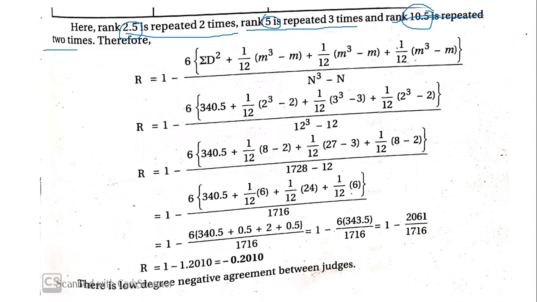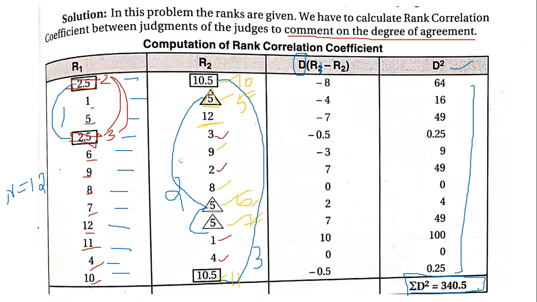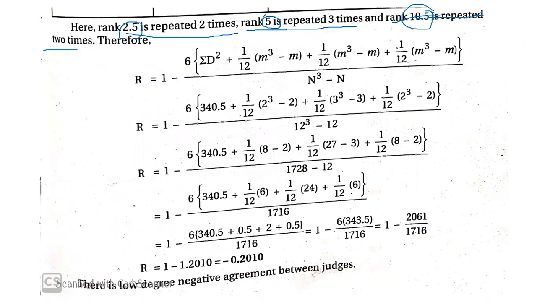Next, R is equal to 1 minus 6 into sigma D square, and sigma D square is 340.5. So sigma D square plus 1 by 12 into, let us consider the number 2.5.